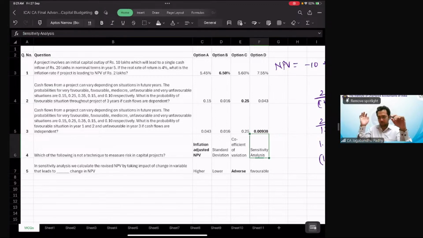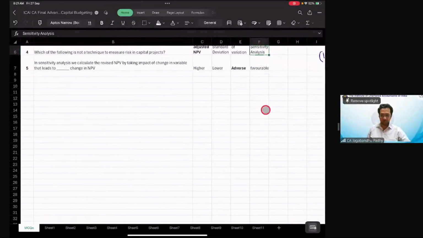Okay. Great. Fantastic. Briefly explain the fifth point. Adverse impact. Because when you're changing the sensitivity, when you're looking at a variable, you are looking at by what percentage your NPV is going to get impacted adversely due to a change in the variable of the project.